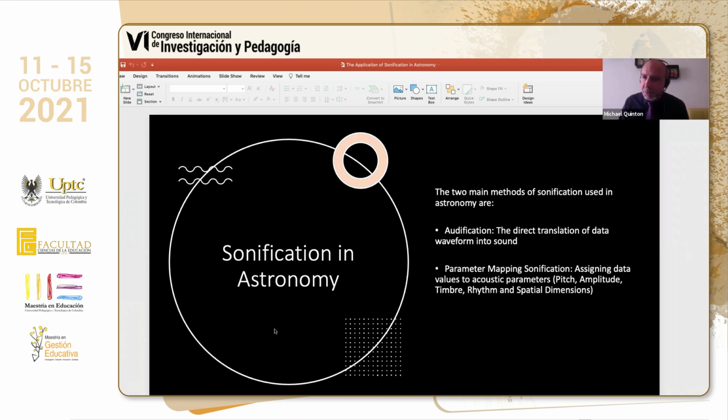For example, there was a classic audification of the rings of Saturn, where a microphone was put onto a satellite, and as it passed through the rings of Saturn, the Cassini spacecraft, it could pick up all the different asteroids that go around the planet, and that information was audified, and they could hear it. And it sounded like a machine gun, which was an interesting comparison.